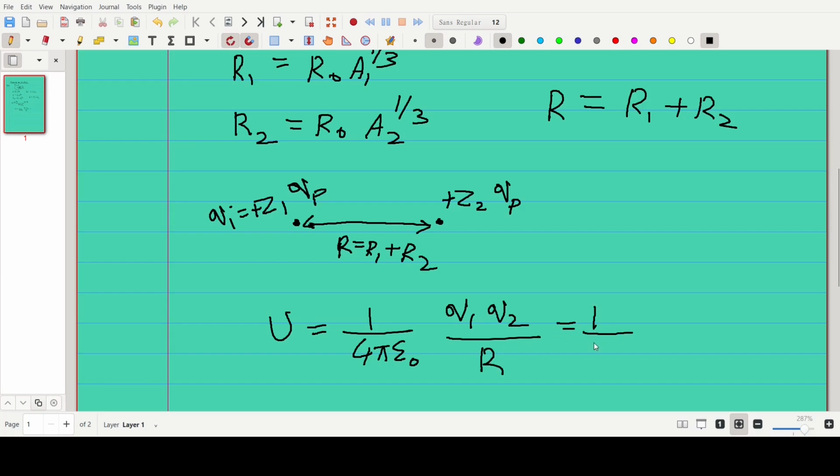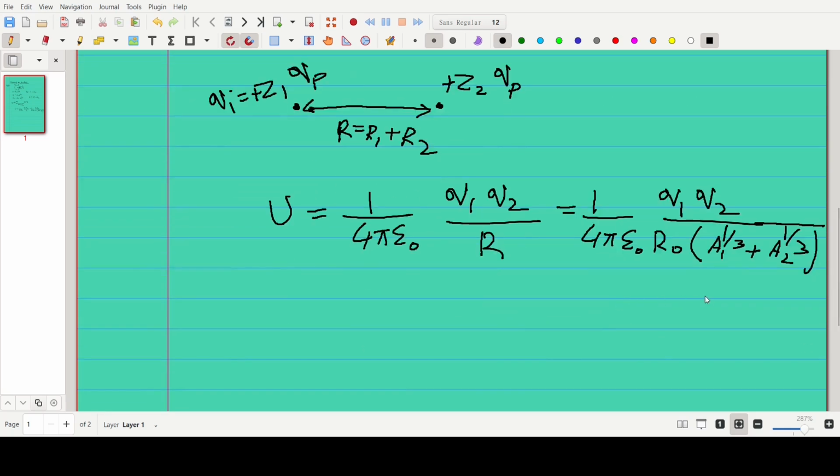So this converts to 1 by 4 pi epsilon naught times q1 q2 by r. We just take these values and substitute them. We have r naught as a common value, and A1 to the power 1 by 3 plus A2 to the power 1 by 3.